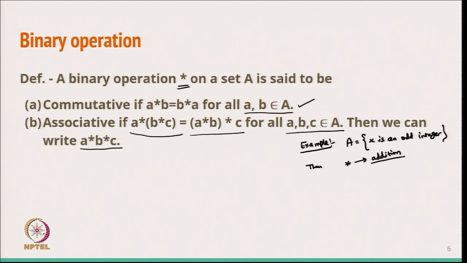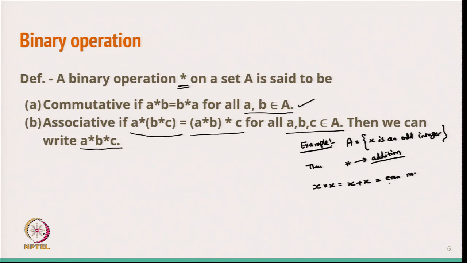If I put x star x, that will be x plus x, and x is an odd integer. Odd plus odd is even. So this is an even number, because 3 plus 3 is 6, 3 plus 9 is 12. All are even numbers.